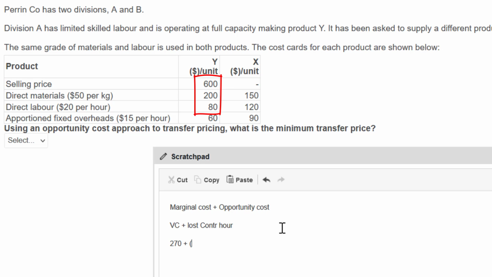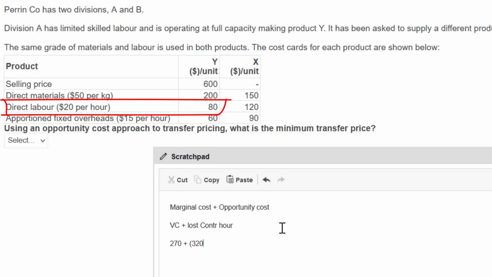That's the selling price minus the variable cost. So I can do that with mental math. 600 minus 280 is going to be 320. And how many hours does it take per unit? Well, it takes $20 per hour, and we see that the cost is 80.